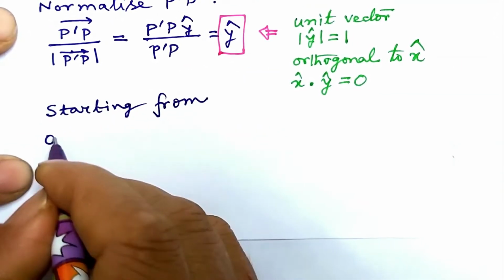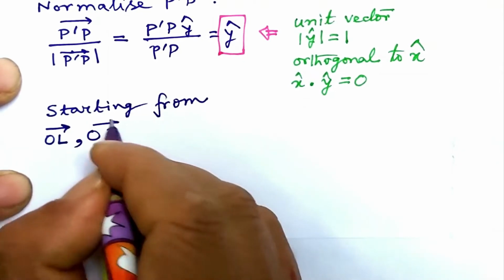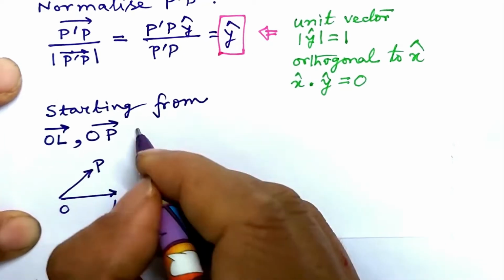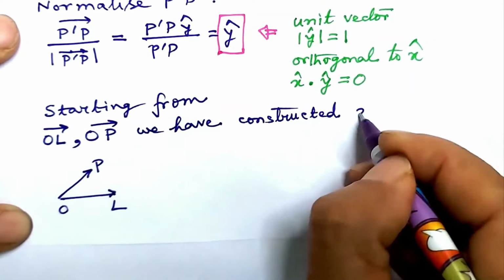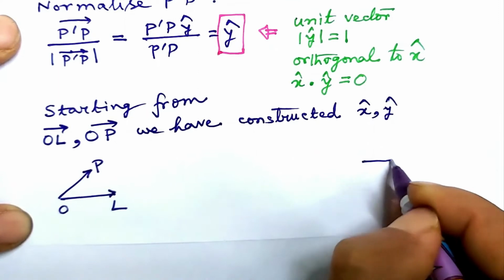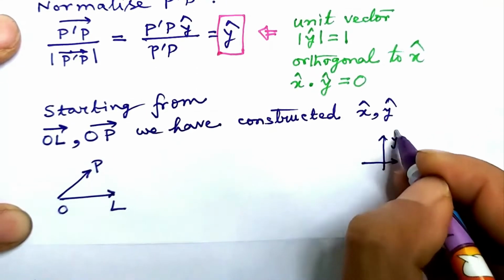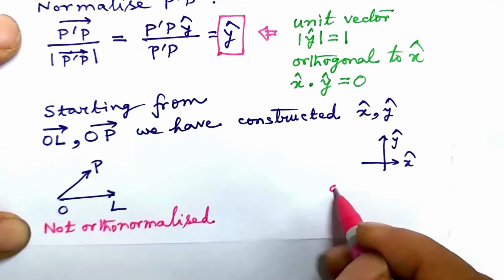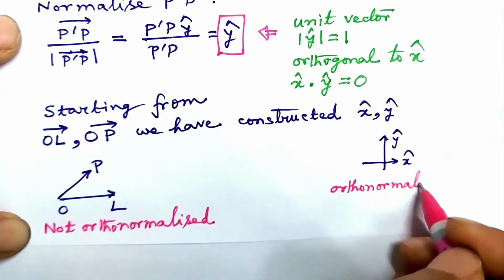Starting from vector OL and vector OP, we have constructed x hat and y hat. This set is not orthonormalized. This set is orthonormalized.